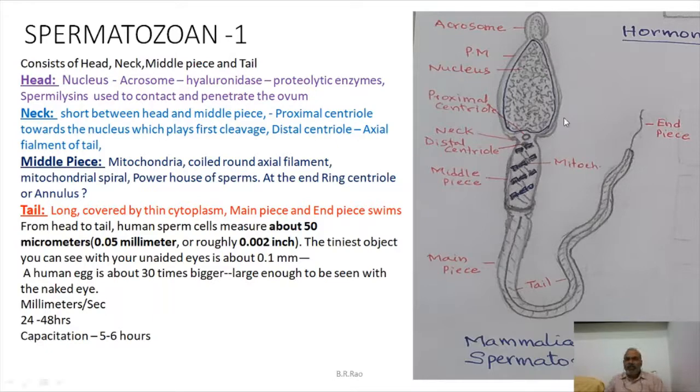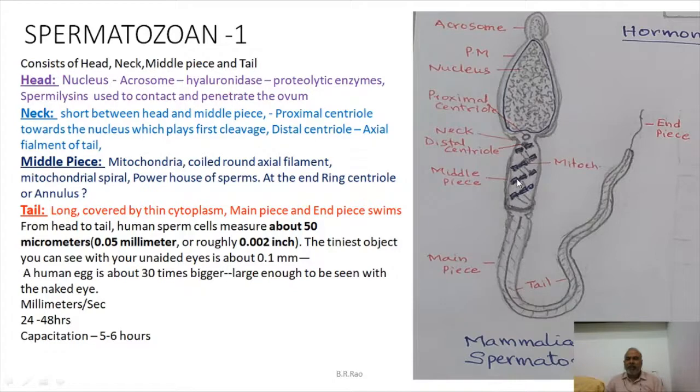You see the photograph or the diagram of a human sperm. The sperm has a head, a small neck, a middle piece, and a tail. The tail is further divided into the main piece and the end piece. In the end piece there is no sheath over the axoneme, and here is the axial filament, and there is a protoplasmic sheath that is called the main piece.